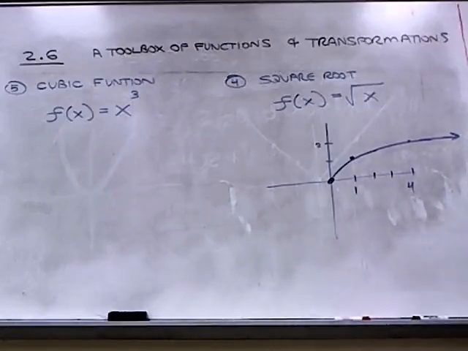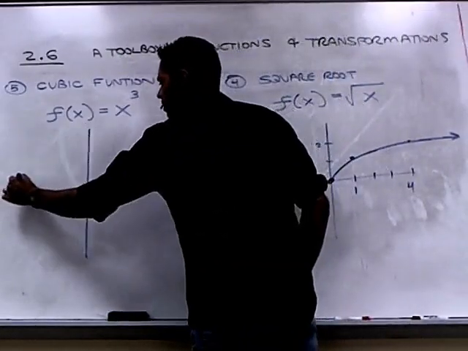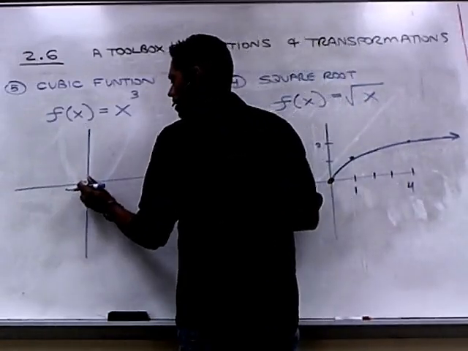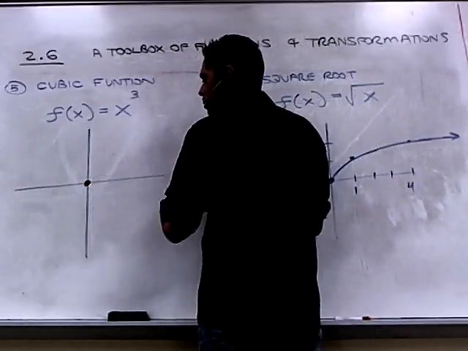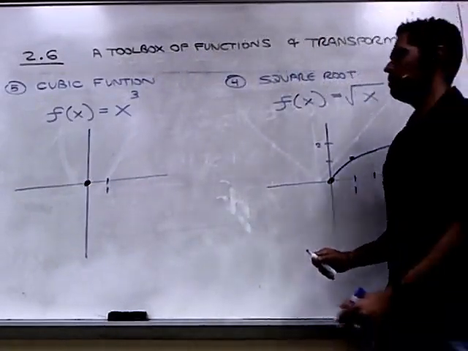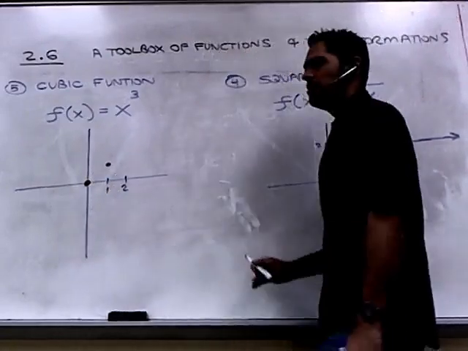So whatever I plug in, it cubes that value. It times itself 3 times. So what would 0 cubed be? 0 times 0 times 0, it's still 0. So I do have the origin here. What would 1 cubed be? 1 times 1 times 1? Still 1. What would 2 cubed be? 2 times 2 times 2 is 8.